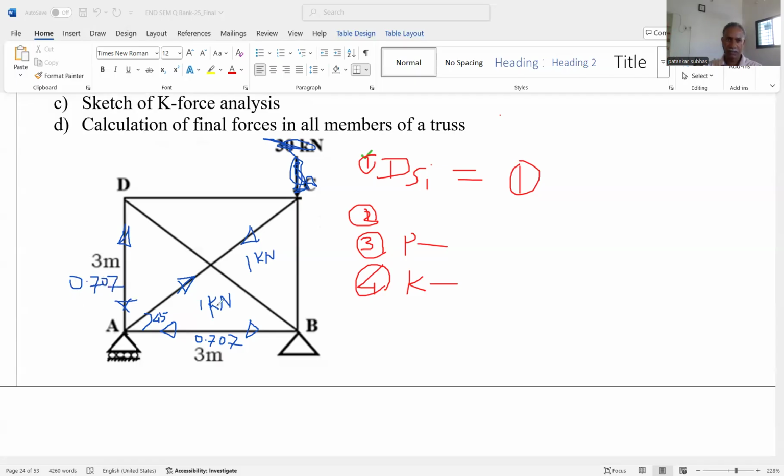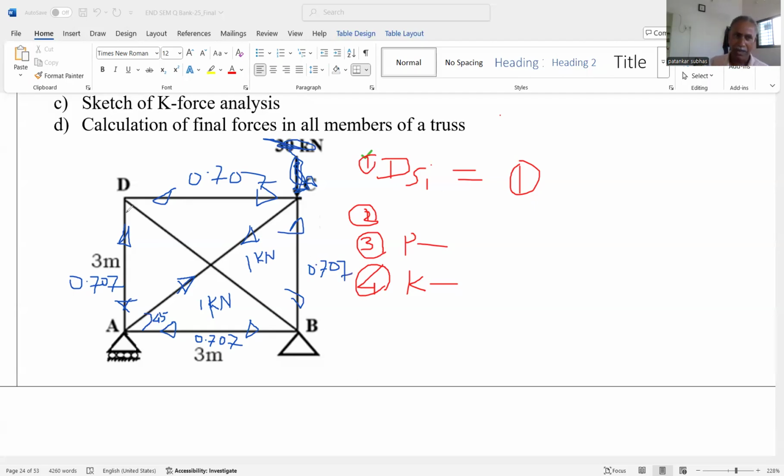0.707. Here joint C is the same or mirror image of the joint A. Here 1 kilonewton, this is horizontal member, this vertical, and that's why force in this member is also 0.707, right? And this is also compressive, equal and opposite, 0.707.